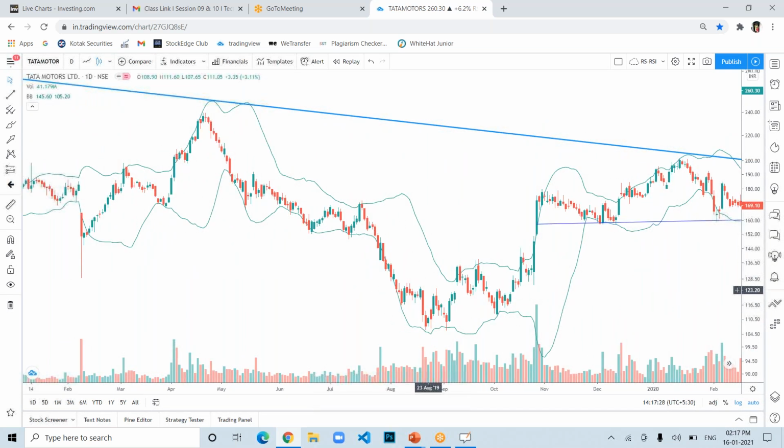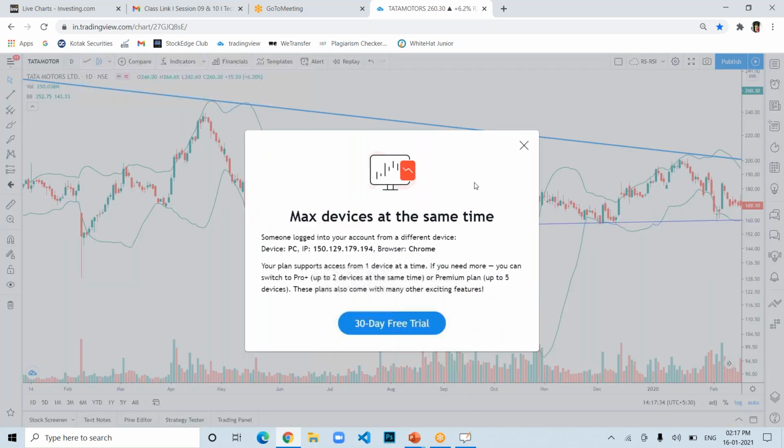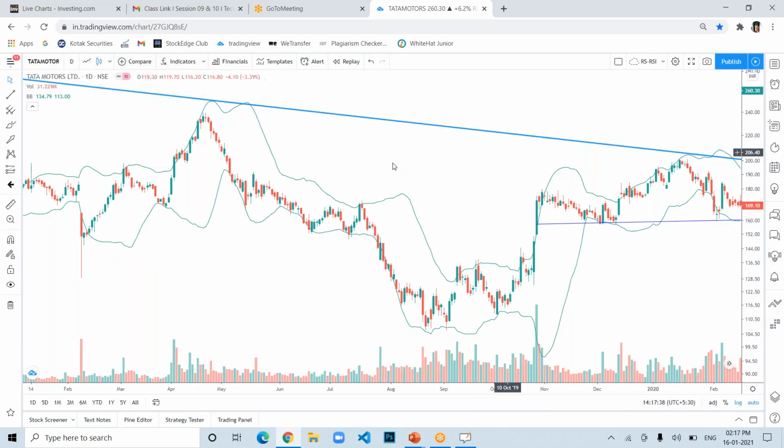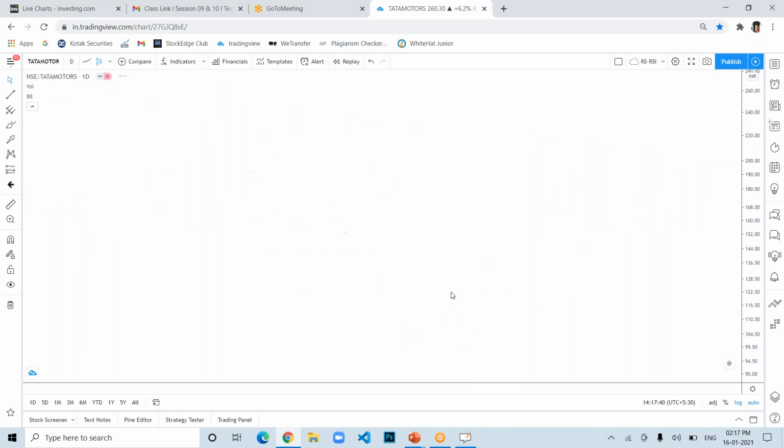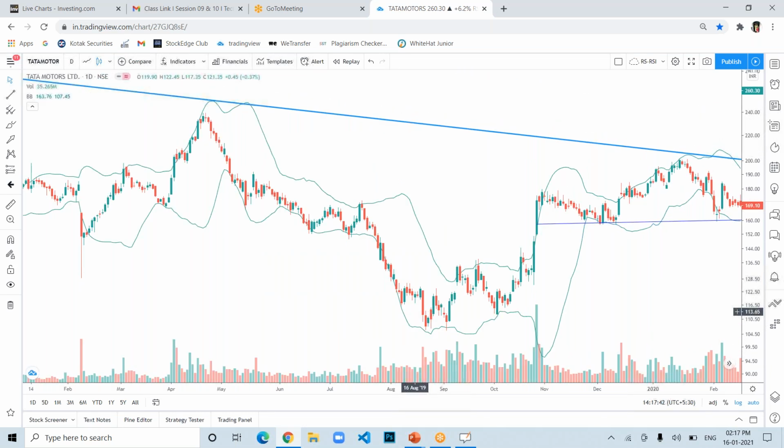Now look here. This is a W. Please look here, very important. This is a W. What happened? Now see, first thing first, the first bottom is inside the band and the second one is outside the band.